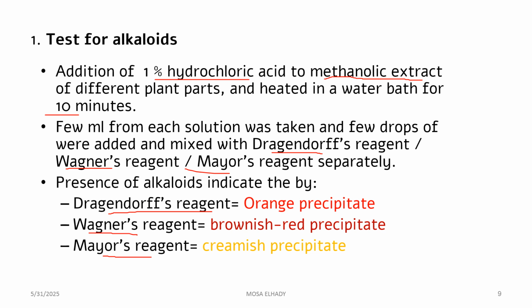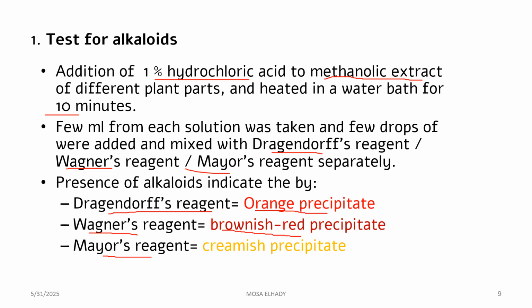Now, at the end of this test, we can note the change. When we add Dragendorff's to the plant extract, if alkaloid is present, the color of the extract changes to orange, with formation of orange precipitate. In case of Wagner's, there is also a change in color, formation of precipitate with brownish to red color.